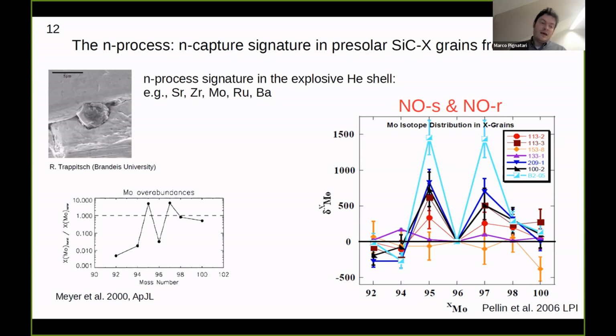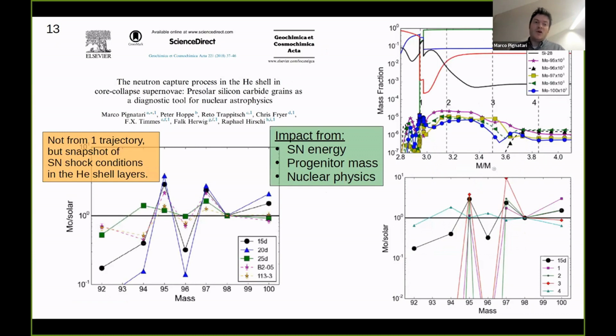And then Meyer et al. in 2000 showed that this signature is compatible with neutron densities typical of the neutron burst, or of the n process in the explosive helium shell, as was expected since those grains were coming from that region. Actually, a few years ago we looked into this in more detail, and the picture is a little bit more complicated than that.